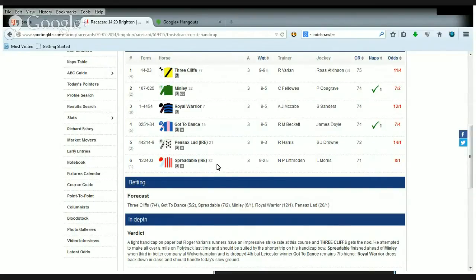Well, I would go for that Spreadable. Morris, let's look at James Doyle, good rate. I wouldn't go for the top weight here. I should go for 3 Cliffs because I live in Swansea, UK, and 3 Cliffs is not far away from me. My luck now, 3 Cliffs will come in and I'll be shouting at myself.